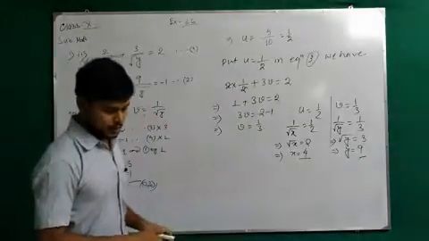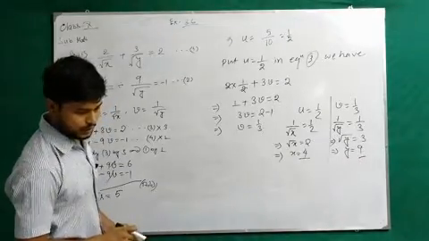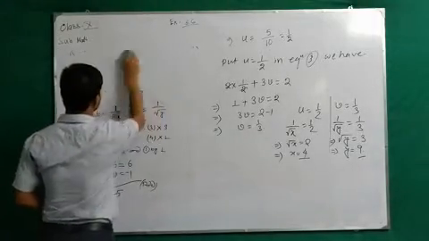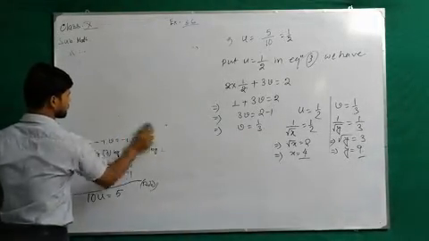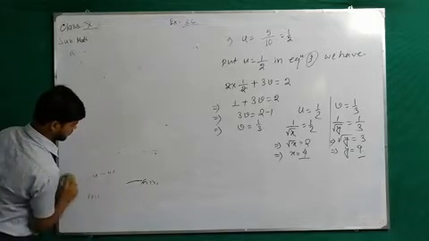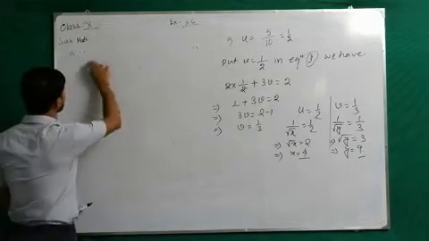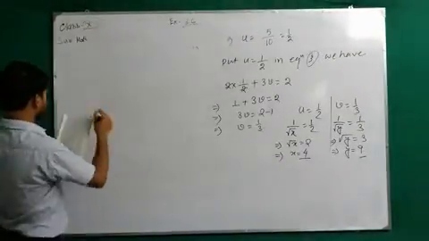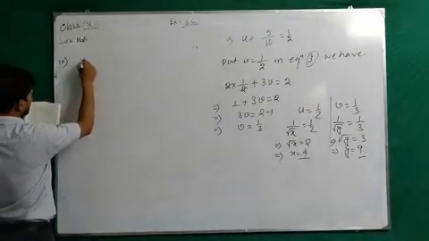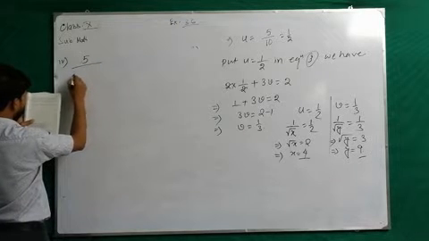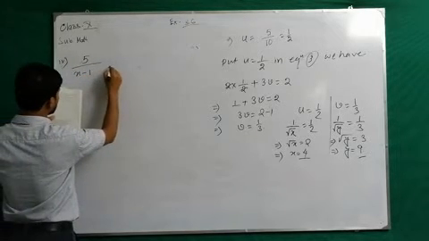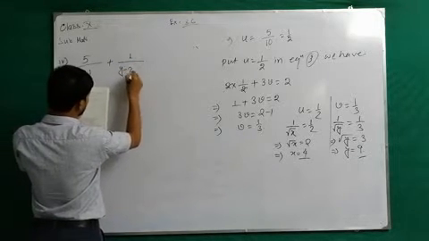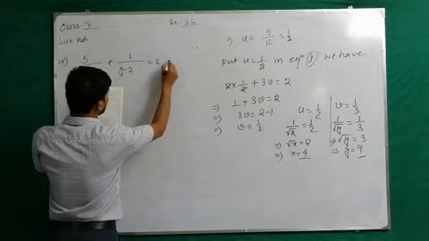Okay, so let's move to the next question. We'll do question number 4 now. Question number 4 is 5 by x minus 1 plus 1 by y minus 2 is equal to 2.